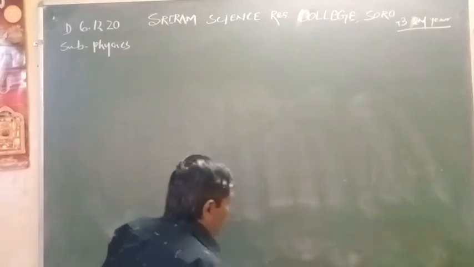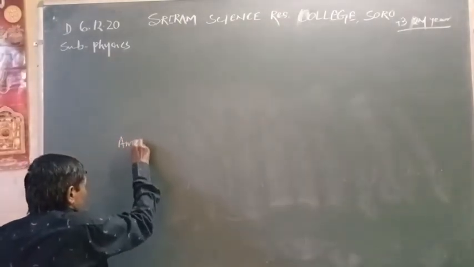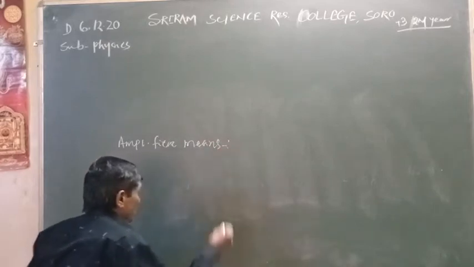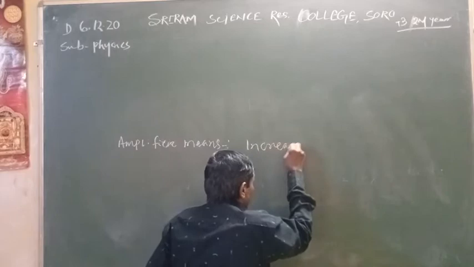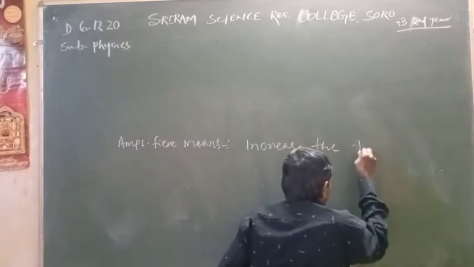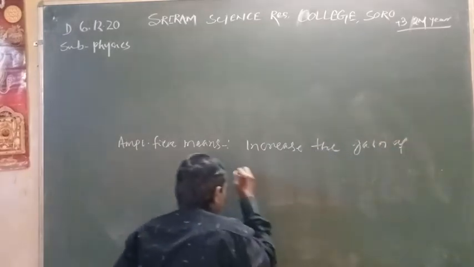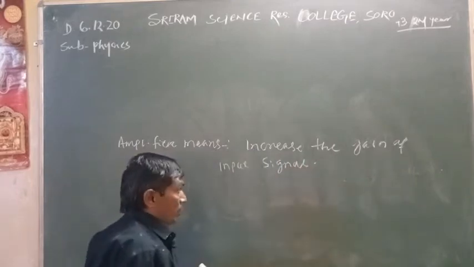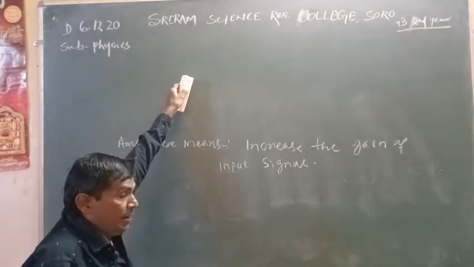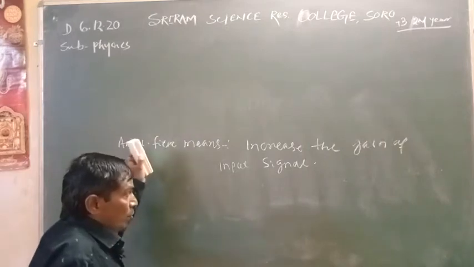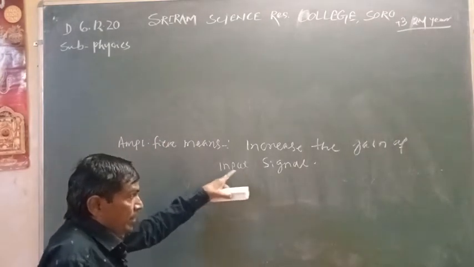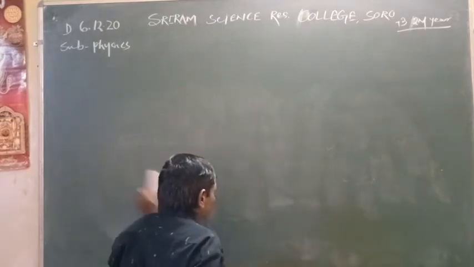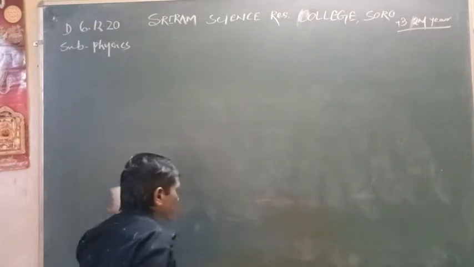But an amplifier means increasing the gain of the input signal. In an amplifier circuit we apply an input signal, but in a biasing circuit we apply no input signal.